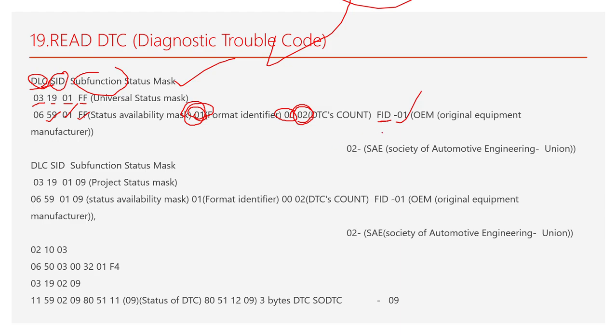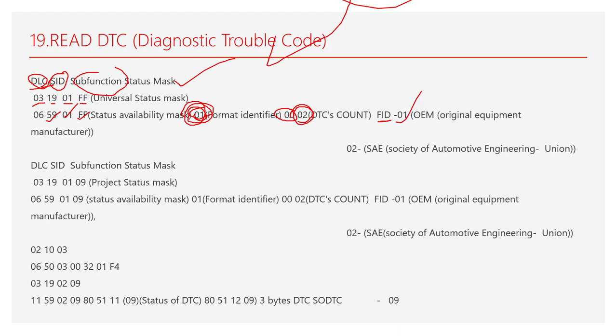See here, this is the output I get. This is the service ID plus 40, so 59. The subfunction is the status of the mask. I'm getting the format identifier as 1. In some projects we have 09, and in some projects we have 08, so this is based upon the project.